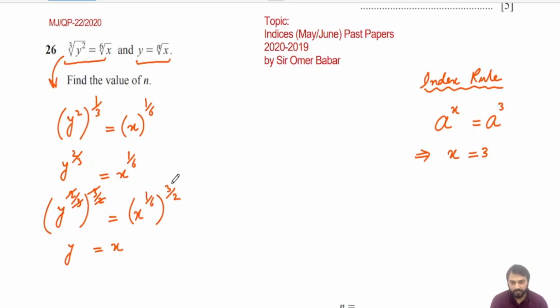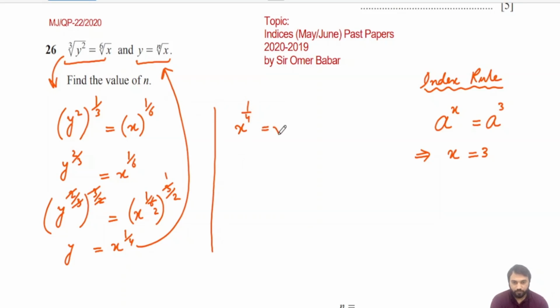We can also cancel them, 3 one time and 3 2 time. So 1 into 1, that is equal to 1, and 2 into 2, that is equal to 4. We have the value of y, that is equal to x raised to power 1 over 4. Now put it here, it will be x raised to power 1 over 4 is equal to nth root of x.